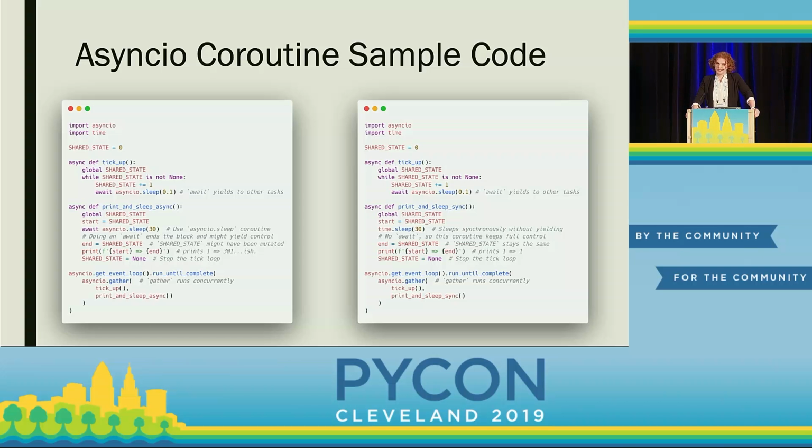And because we tick up every tenth of a second and it's waited about 30 seconds, the counter should have incremented about 300 times. In comparison, on the right, the print and sleep sync function is very similar, but because it never yields out to the event loop, instead using the time.sleep function call, this means that the other coroutine never gets a chance to run.